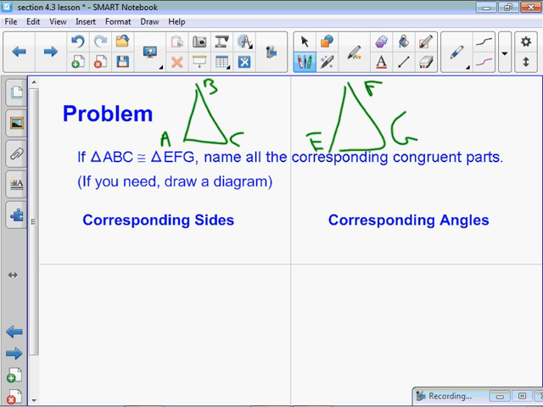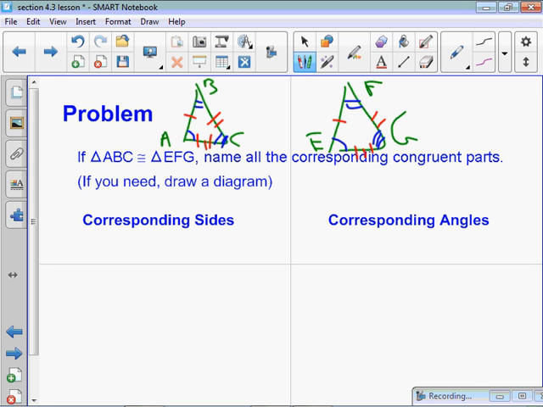And then let's just go ahead and label everything. This part corresponds to that. This one to that. This one to that. And let's use a different color to do the angles. 1, 1, 2, 2, 3, 3. And then you can go ahead and label corresponding sides and corresponding angles.